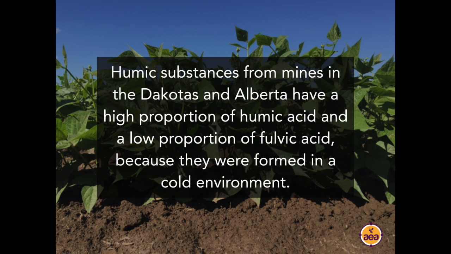And so the simplest way to think about this is to actually look at the various humate or leonardite deposits in the northern hemisphere and see how they shift. As an example, the deposits in the Dakotas and in Alberta have a very high proportion of humic acid and a very low proportion of fulvic acid because they were formed in a very cold temperature environment.